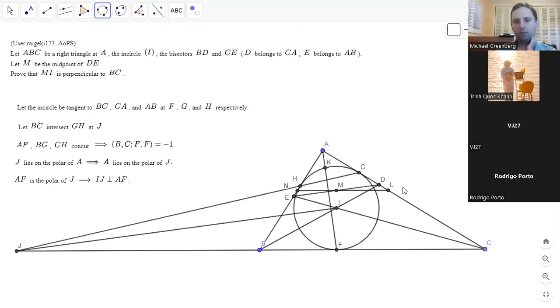All right. Let's think about this. Yeah, so if this were cyclic, what would that be equivalent to?